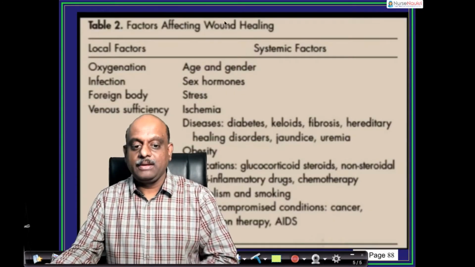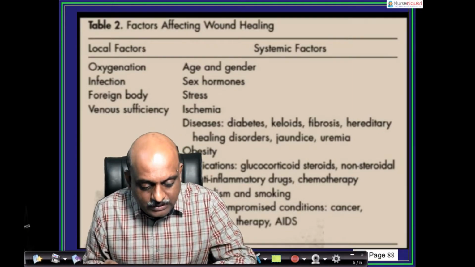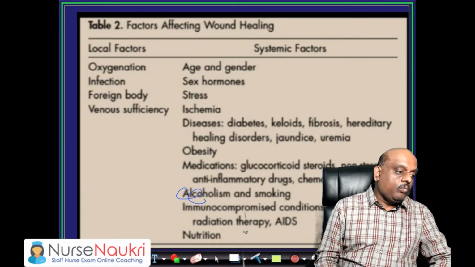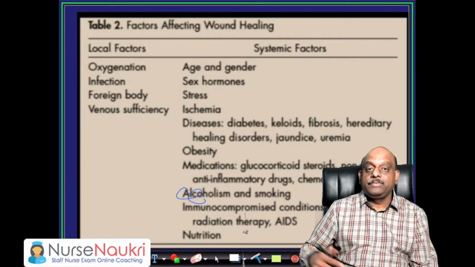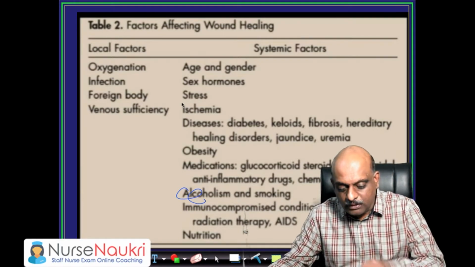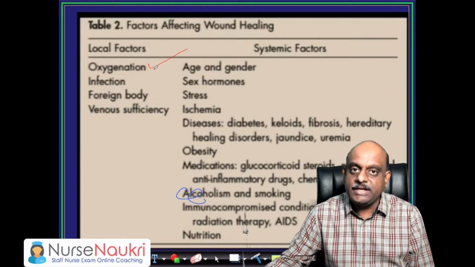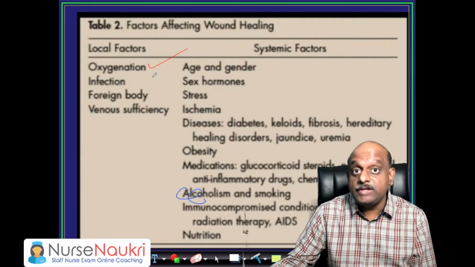Now comes a very, very important question that all of you should be very sure about. What are the factors that affect wound healing? The main factor is oxygenation. If oxygenation is good, healing is better.